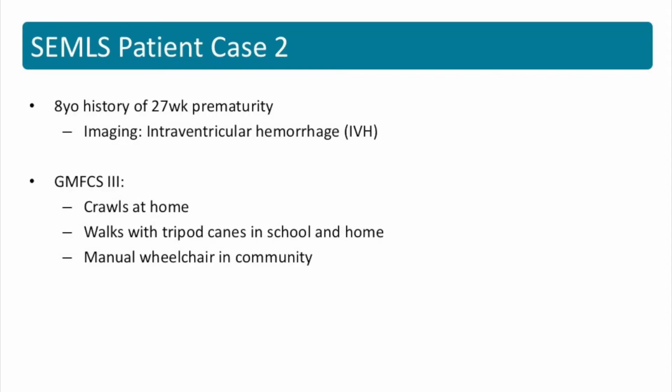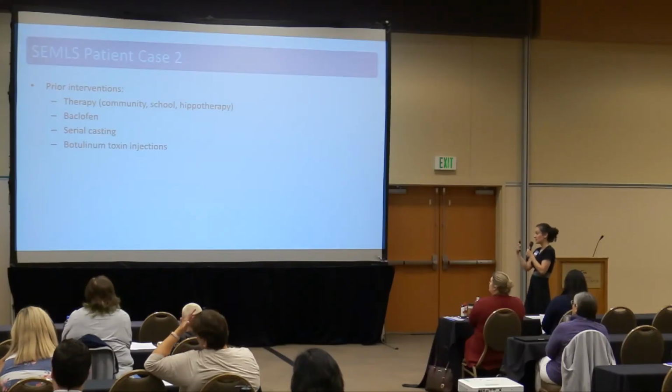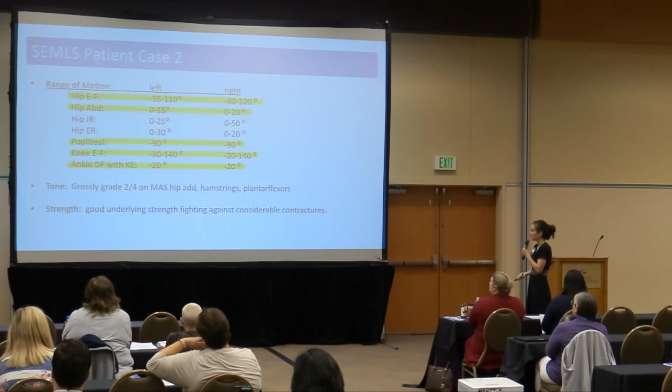So this is an 8-year-old, so an older child, IVH on her initial imaging, GMFCS level 3, but you can see functionally she's a manual wheelchair user in the community. She's had a lot of prior interventions: therapy, baclofen, serial casting, Botox injections.